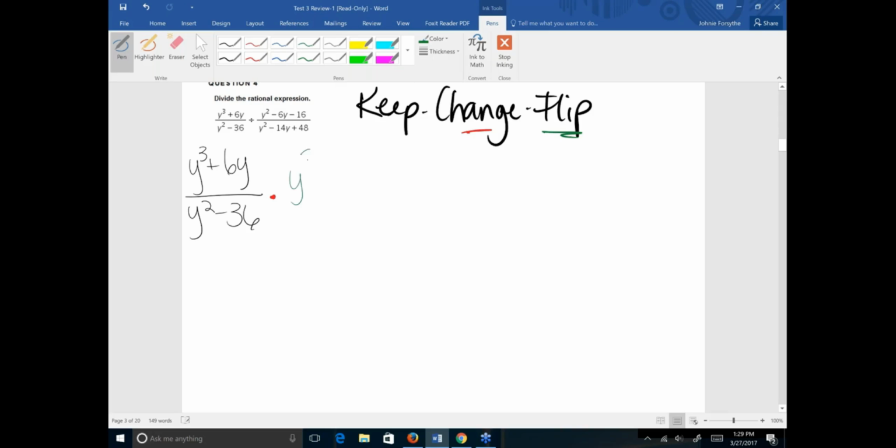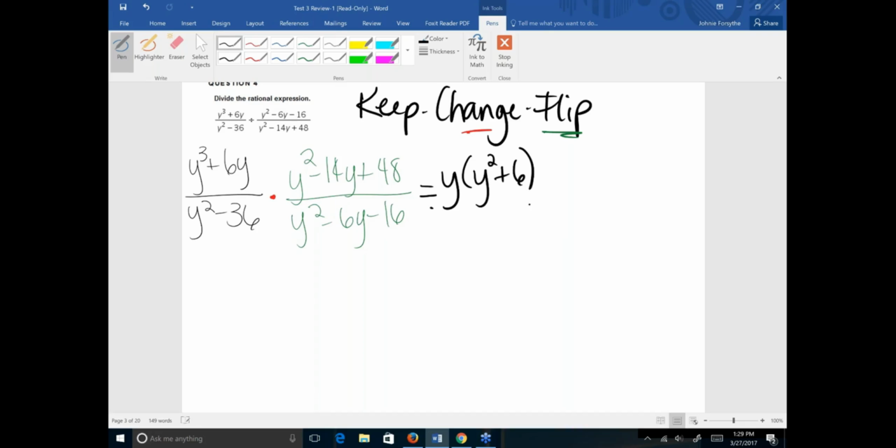So it's going to be y squared minus 14y plus 48 at the top, and then y squared minus 6y minus 16 at the bottom. All right, so now we've got some factoring to do. So let's see, at the numerator in the first rational expression, we have a GCF of y, so I'm going to factor that out, and then I'll have y squared plus 6, and then at the bottom I have a GCF.